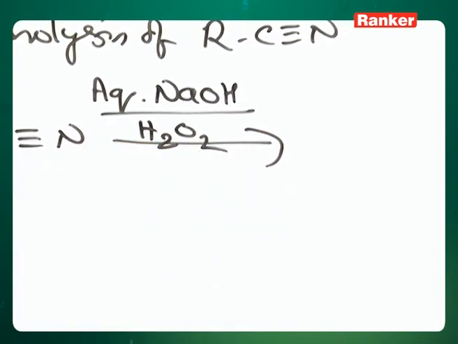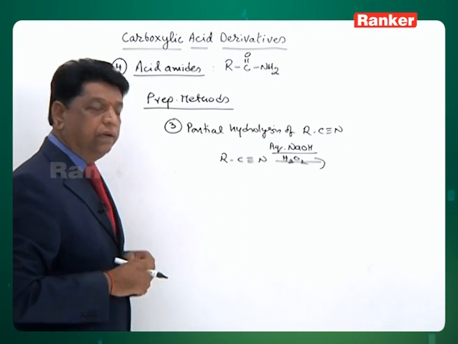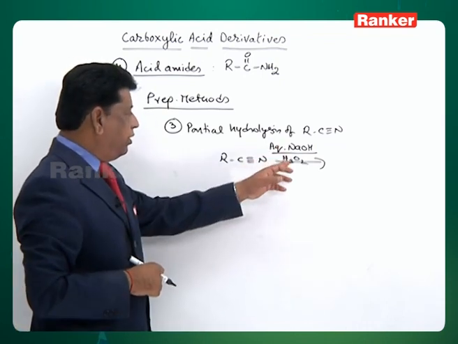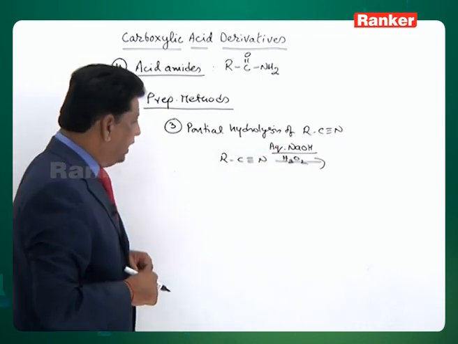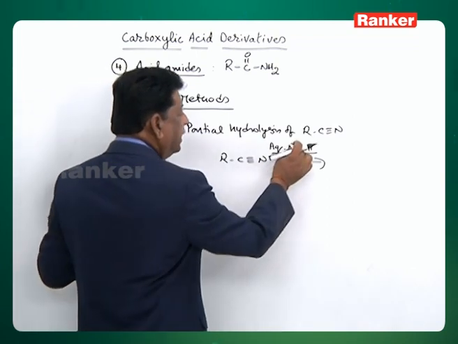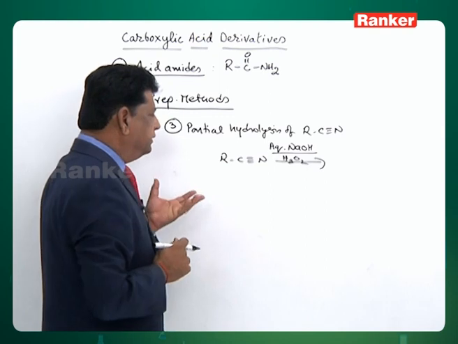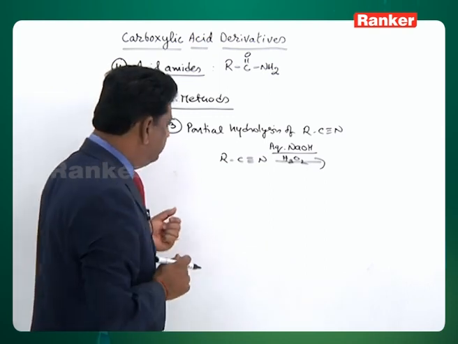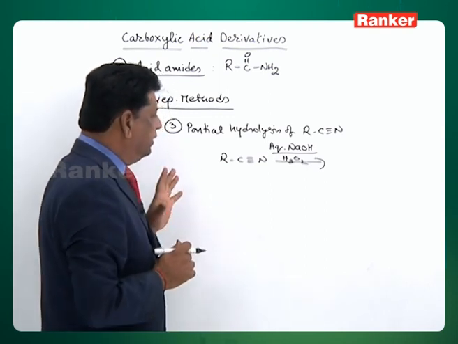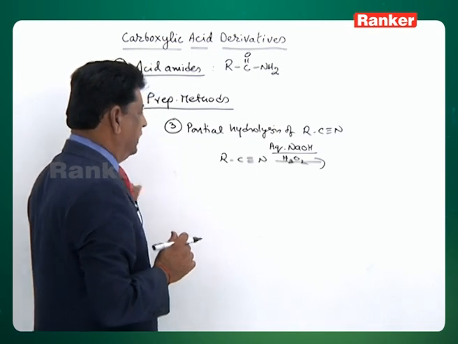You can call it alkaline hydrogen peroxide, a solution of sodium hydroxide mixed with hydrogen peroxide. This is called alkaline hydrogen peroxide, a unique reagent perhaps. It has its own properties, but in organic chemistry it is the only place I am using it.